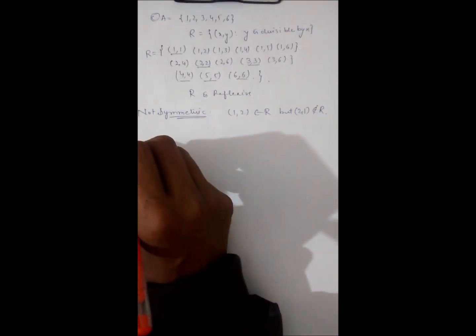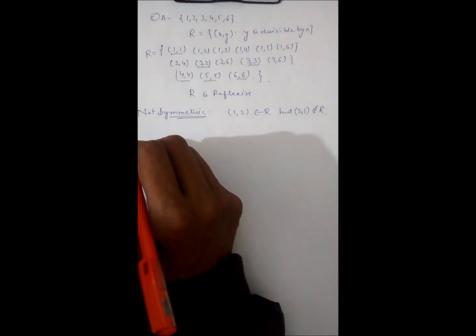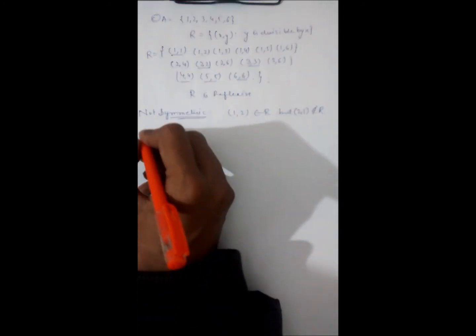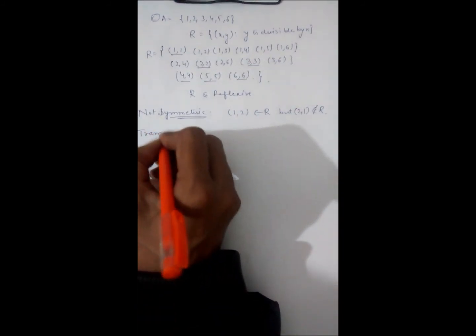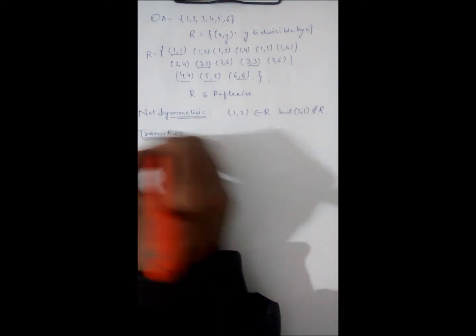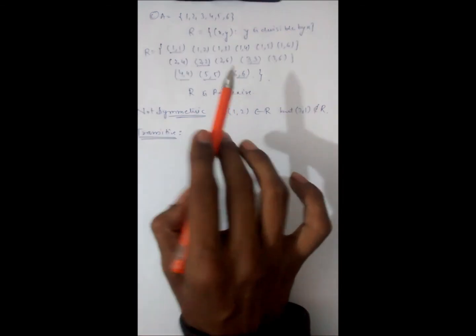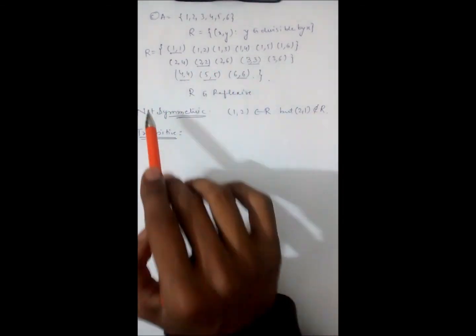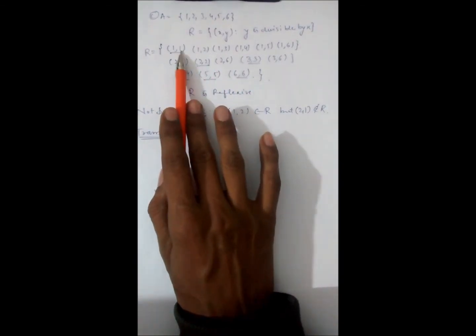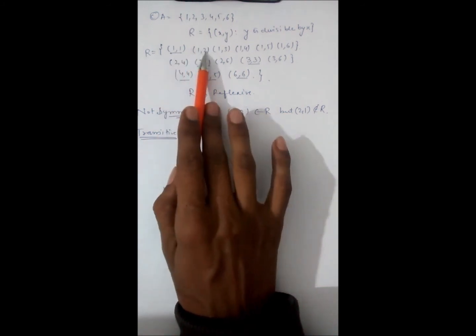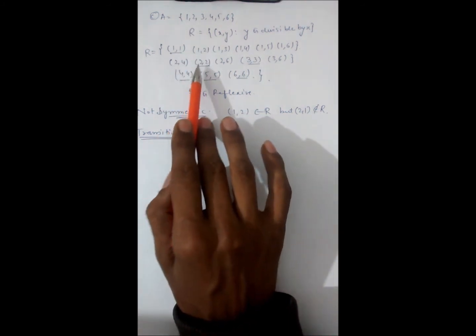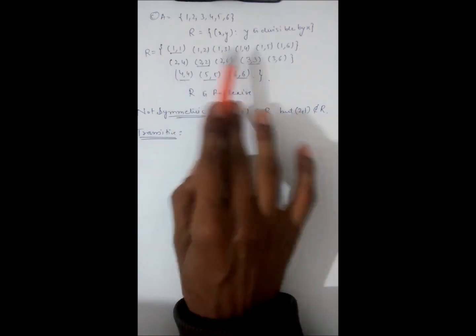About transitiveness, what do we have? Let's see. Now because the number of elements is quite large, I cannot go by elements. Like if I choose 1, then I choose 1,2, then I will find whether 1,2 is there or not. Now if I have 1,2, then 2,4, then I'll see if 1,4 is there.